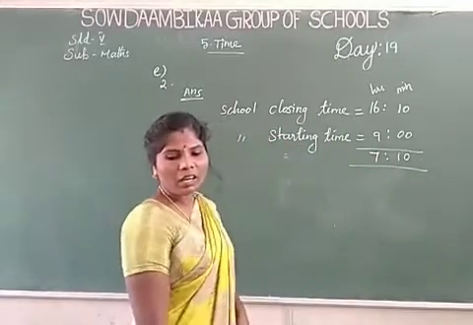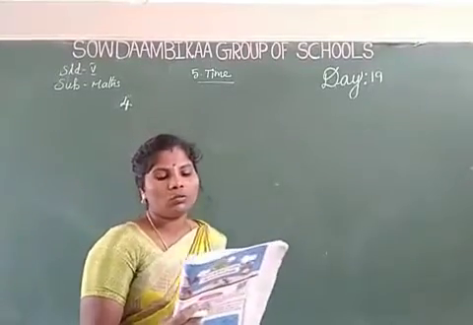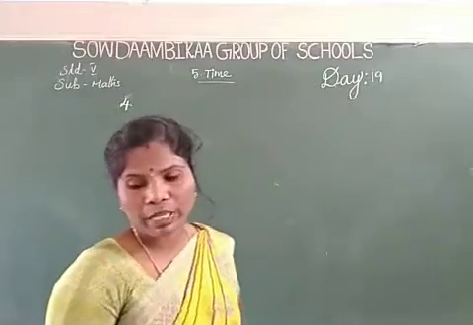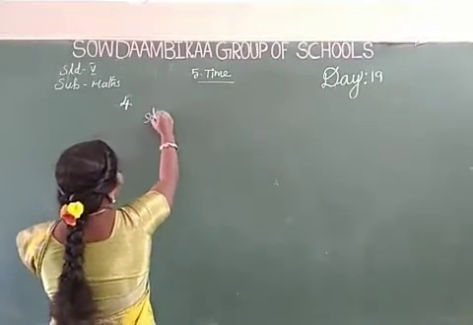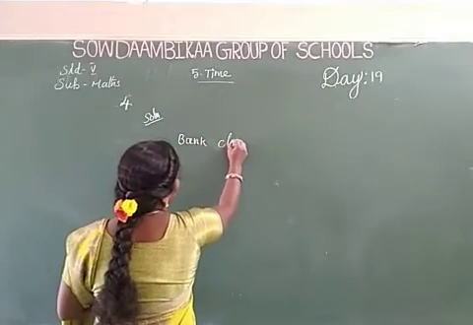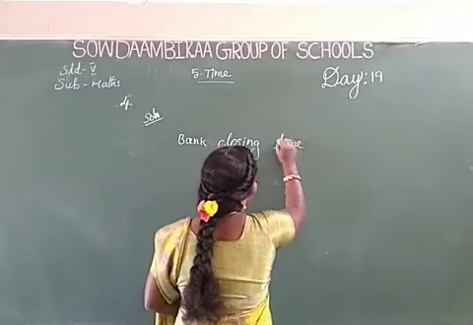So the working hours. Fourth sum: a bank works from morning 9:30 to evening 4:30. What is the working time? Working hours of the bank. The bank closing time and the starting time.